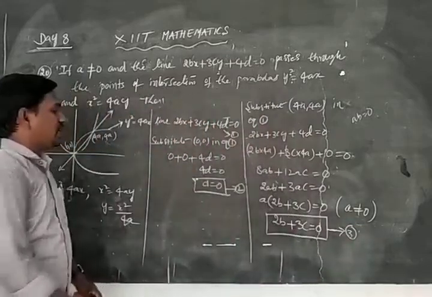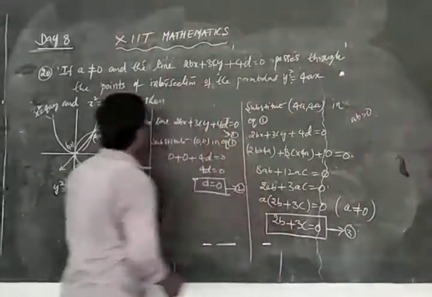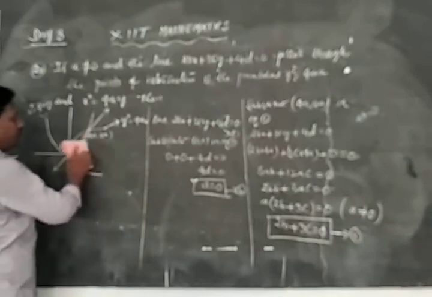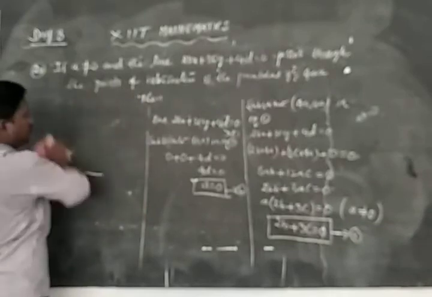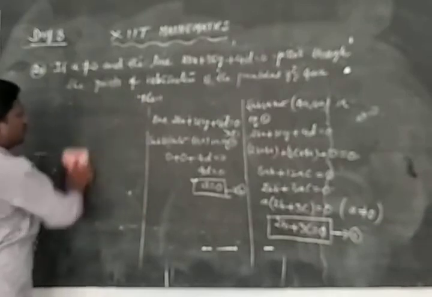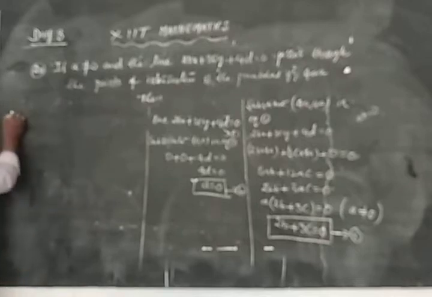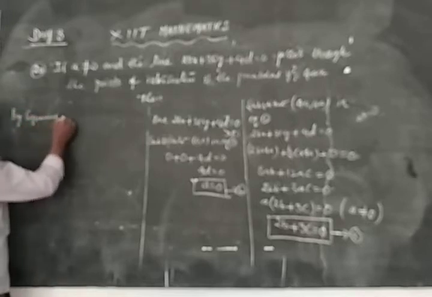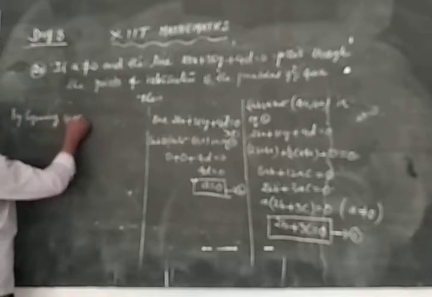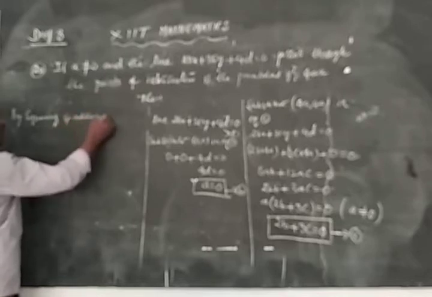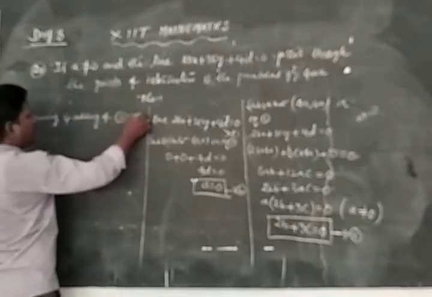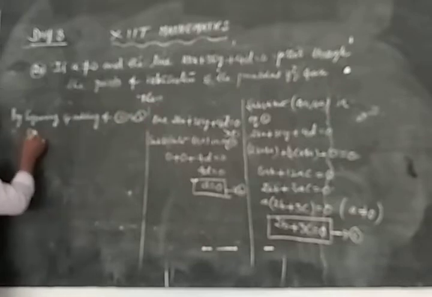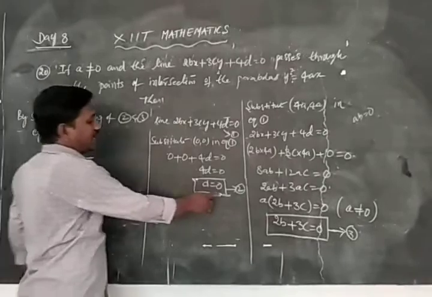Equation 3. We got equation 2 and 3. So by squaring and adding of 2 and 3 equations, the second equation is d equal to 0.